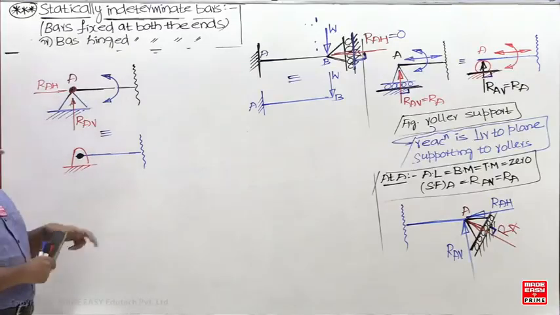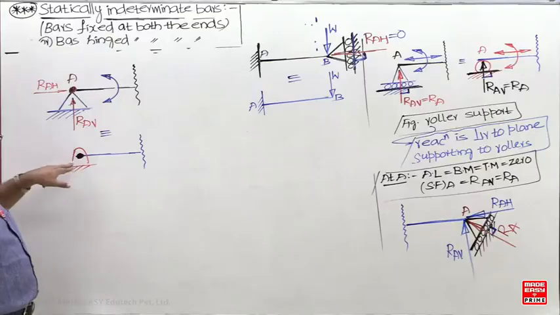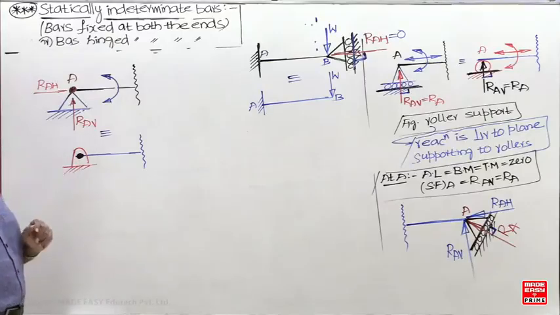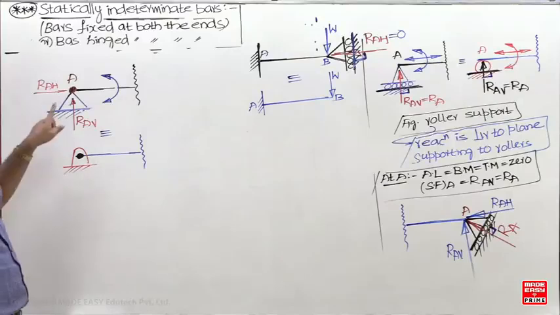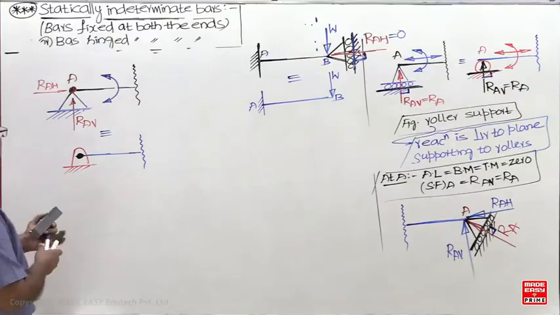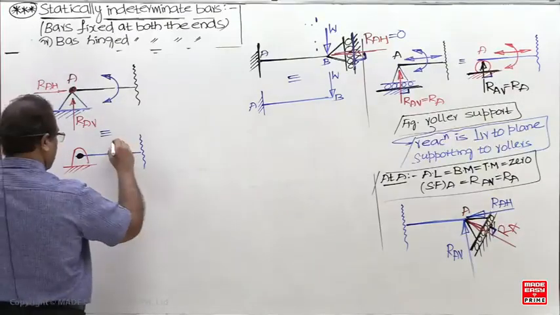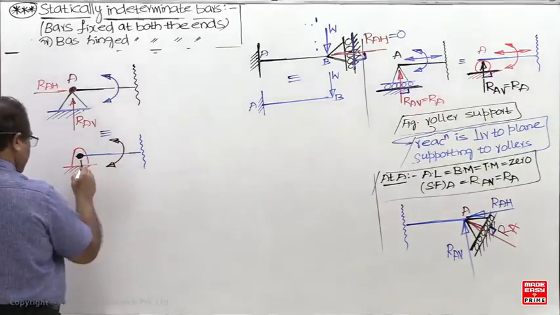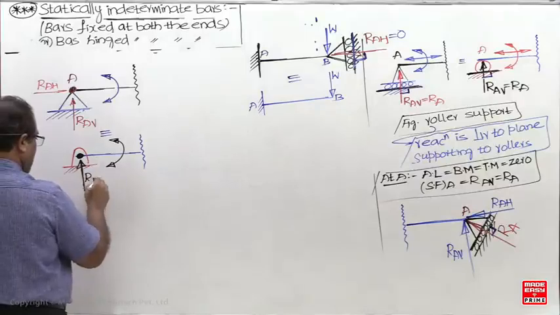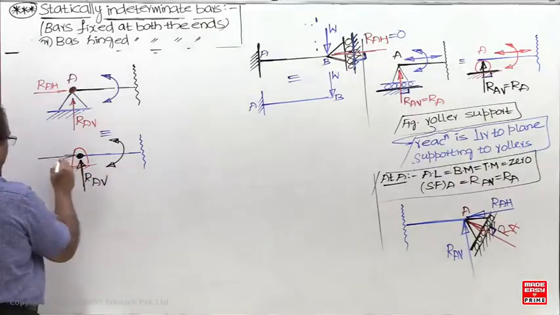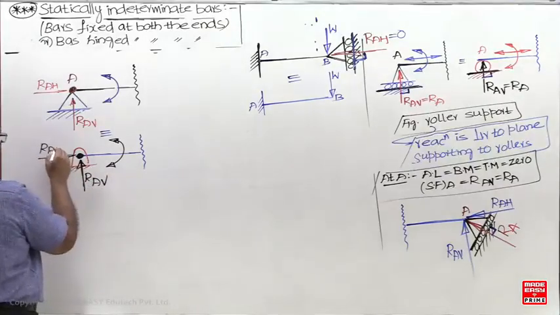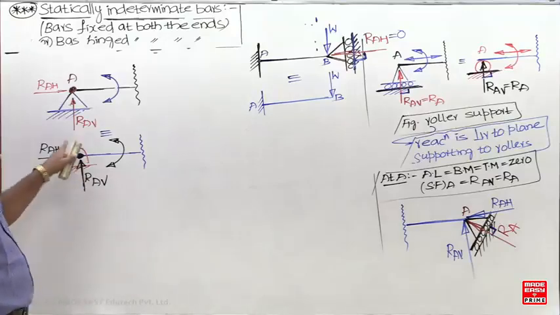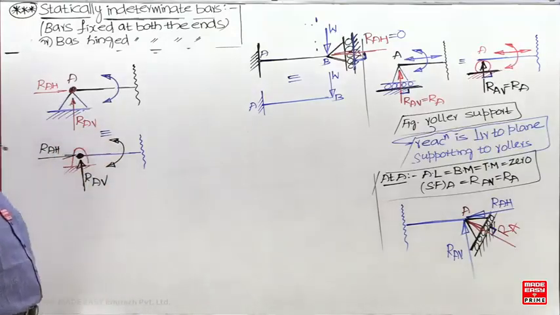This is another way you can represent it. This beam is joined to this support with the help of a pin. This dot is nothing but a pin. That pin can be seen in either the side view or top view, but in the front view it becomes a dot. RAV, RAH. Once again, moment reaction is 0 because rotation is permitted.